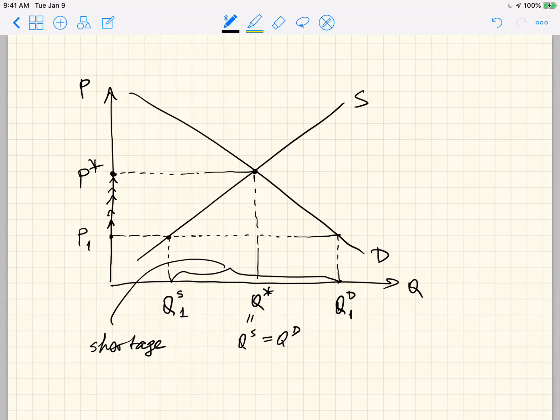So there is no shortage and producers are not encouraged to increase their prices because they can do it. If there is a shortage, consumers are desperate to get this stuff, and sellers actually see their stuff flying off their shelves. So why not raise prices if you can, if you still can sell your stuff at a higher price? That's the idea here.